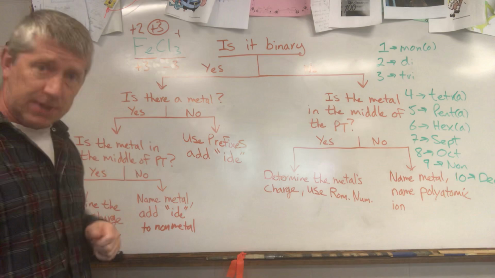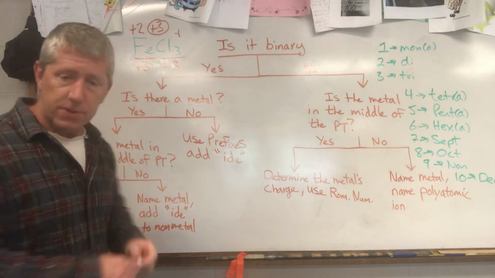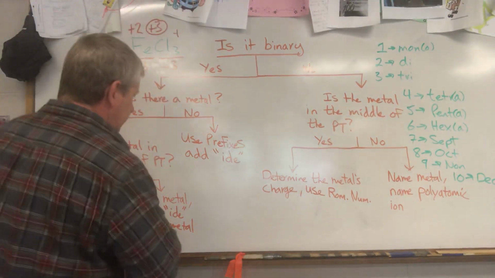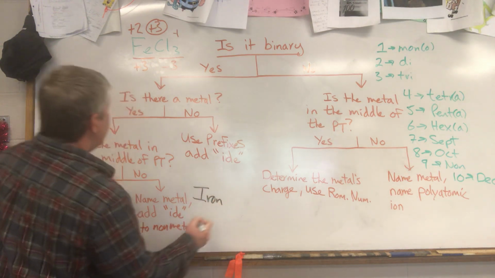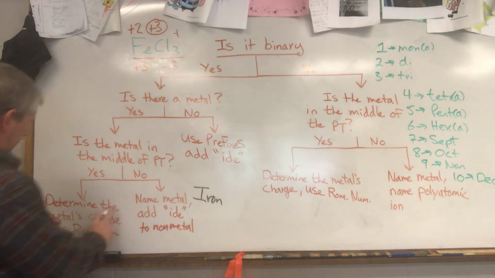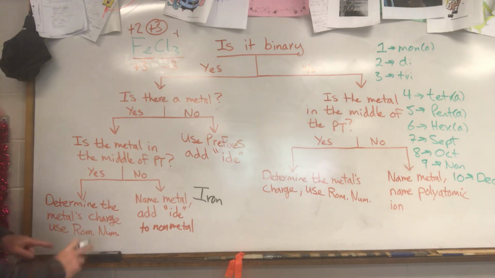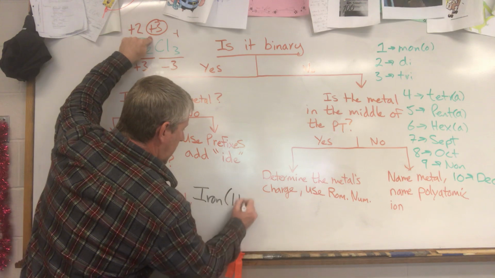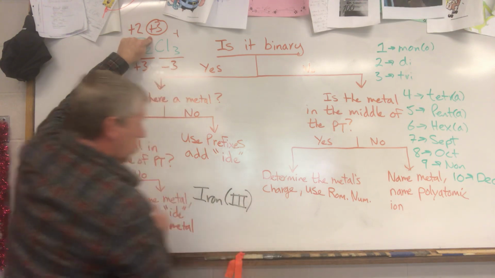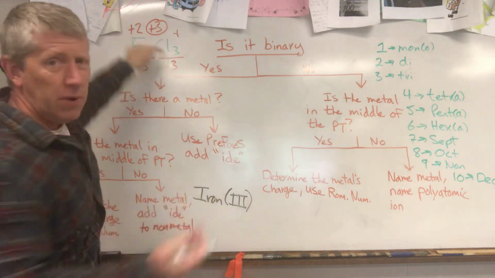So how would I name this compound? I would name this, let's write this in a different color, it stands out, iron. Now, it says determine the metal's charge and use Roman numerals. I use Roman numerals to indicate the charge. So this is iron 3. You don't have to put the parentheses. I do that.